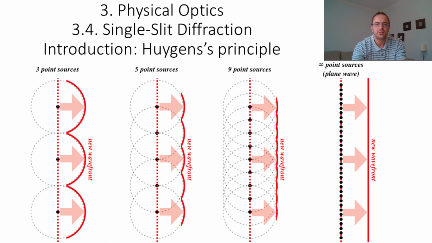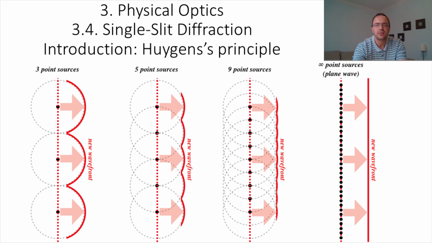So we can consider every point of a wavefront as a source of secondary wavelets, so that you can see here all of those wavelets in the picture, and these wavelets spread out in all directions. And the position of the wavefront at a later time is given by the envelope of the secondary wavelets at that time.